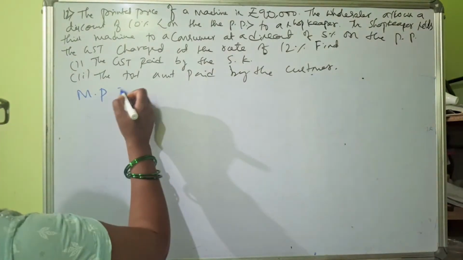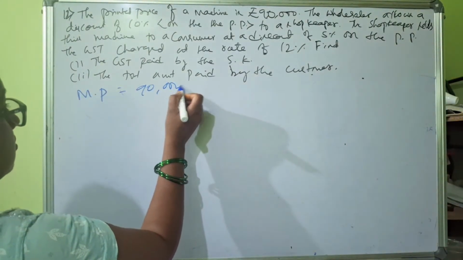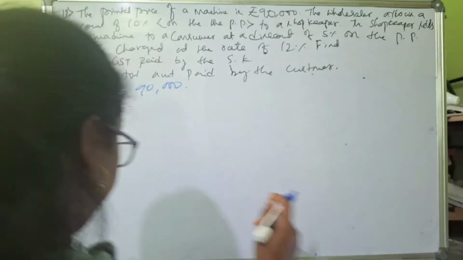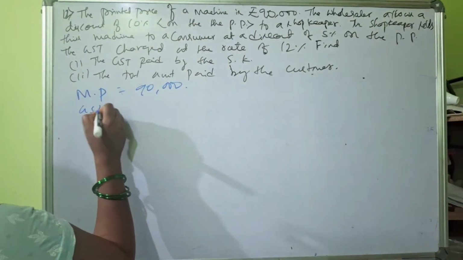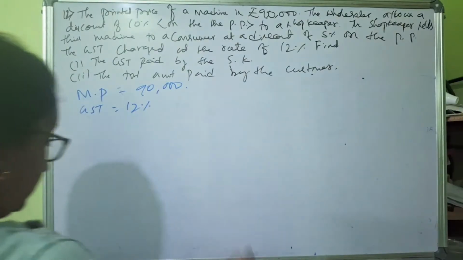So market price is equal to 90,000. GST is equal to 12%.